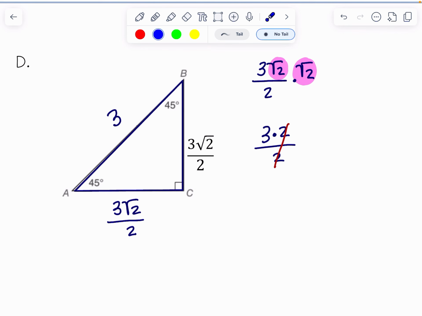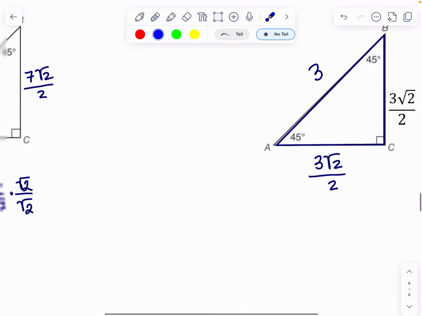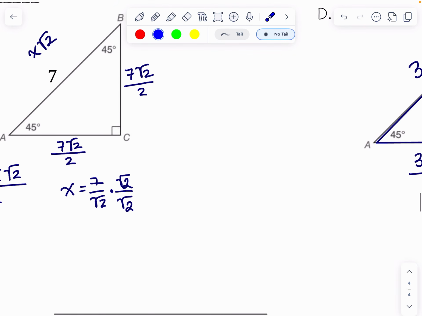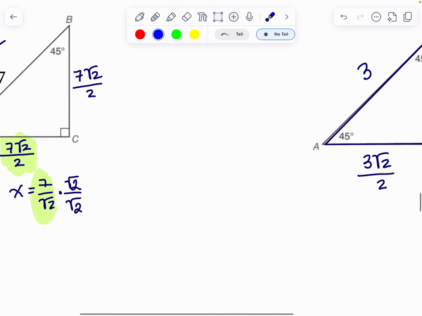There's another way I could have done this, though, and it would have taken a little bit of prior knowledge, but over here, I noticed that 7 root 2 became 7 root 2 over 2. So once again, sorry, I think I said that incorrectly. 7 divided by the square root of 2 is equivalent to 7 times root 2 over 2.